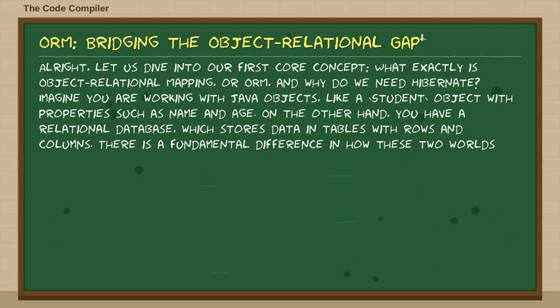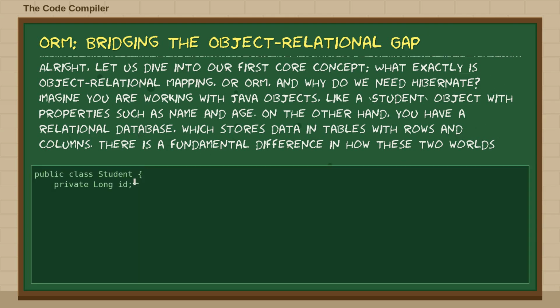ORM frameworks, like Hibernate, act as a bridge, helping you map your Java objects directly to database tables without writing complex structured query language, SQL, queries manually. Hibernate is one of the most powerful and widely used ORM frameworks in the Java ecosystem, making database interactions much simpler and more intuitive for developers.